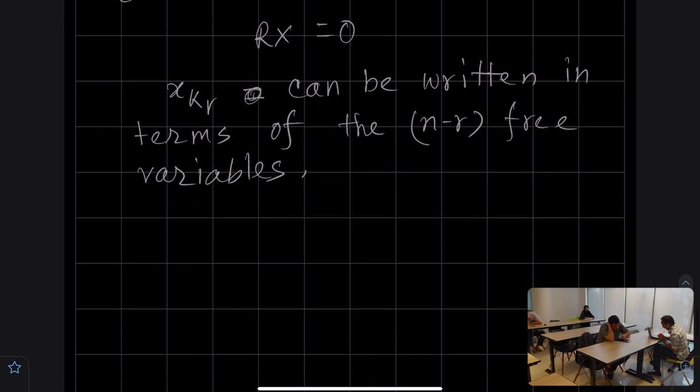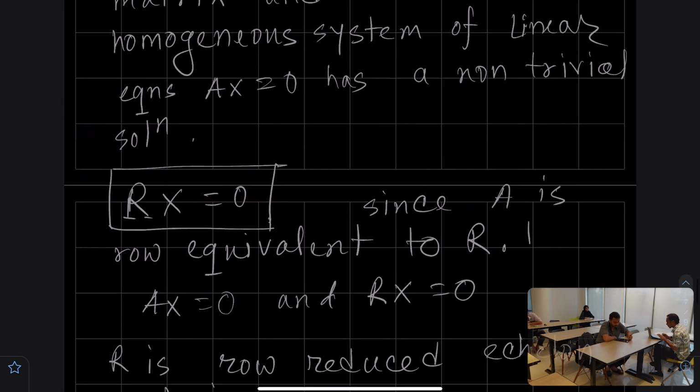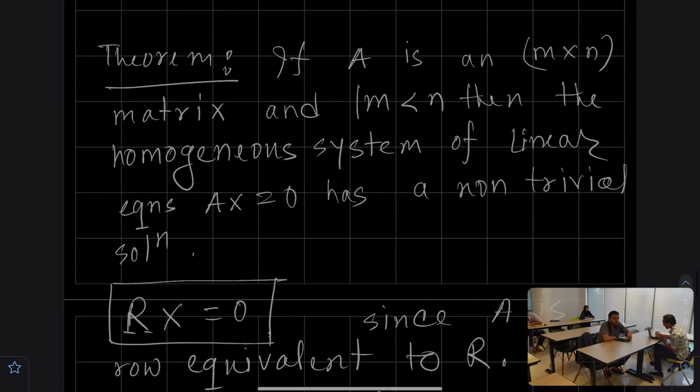But r is less than or equal to m, right? The number of rows in the matrix R is less than or equal to m. And from the statement of the theorem, m is less than n.